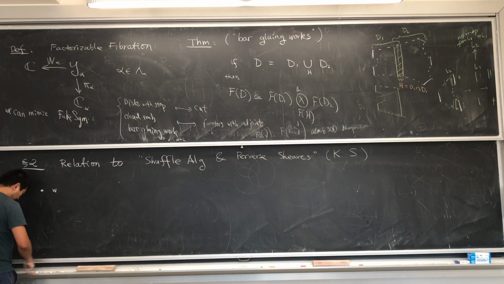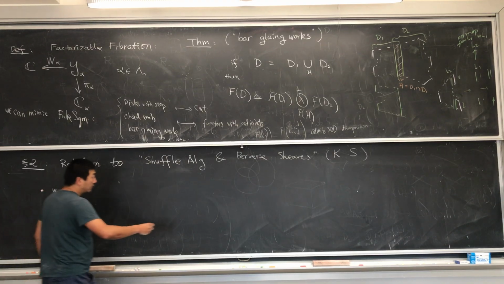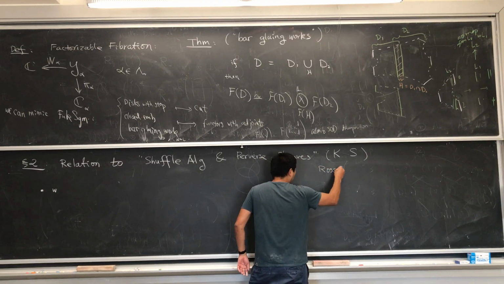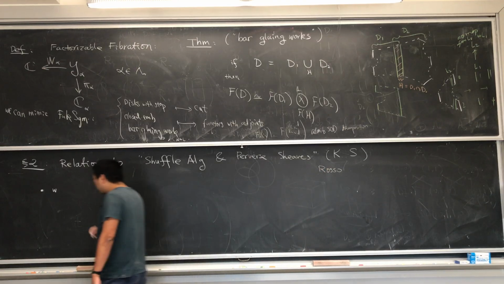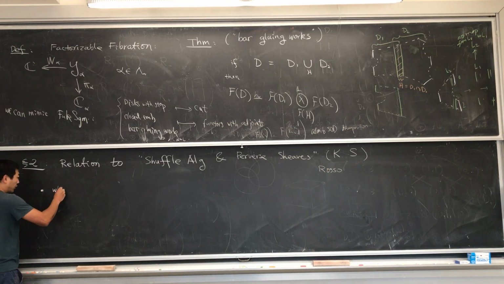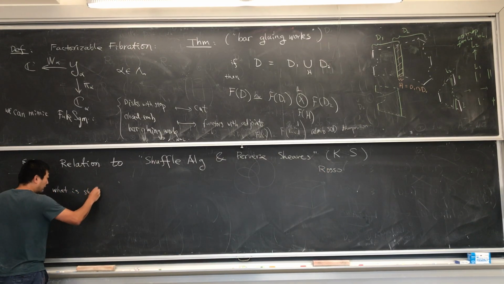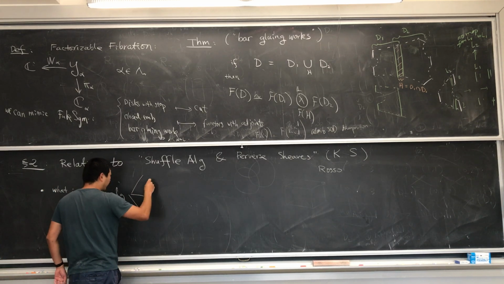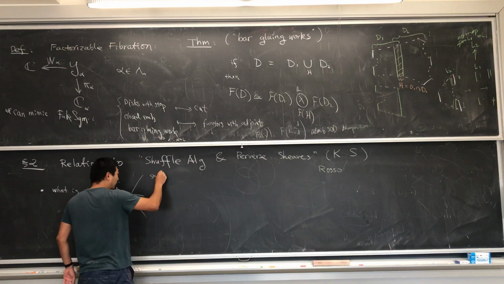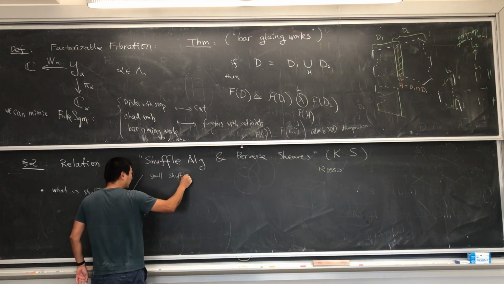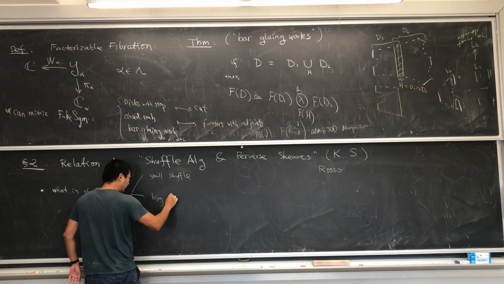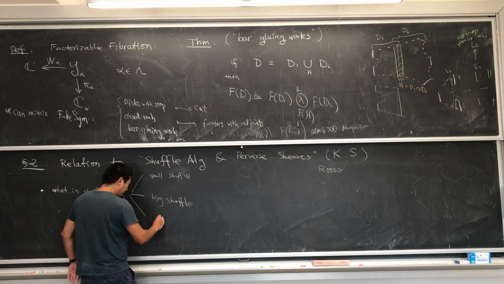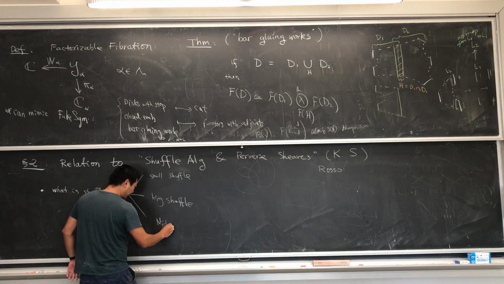There's also an older paper by Rosso. So what is a shuffle algebra? There are three kinds of shuffle: this small shuffle, big shuffle, and the middle shuffle.